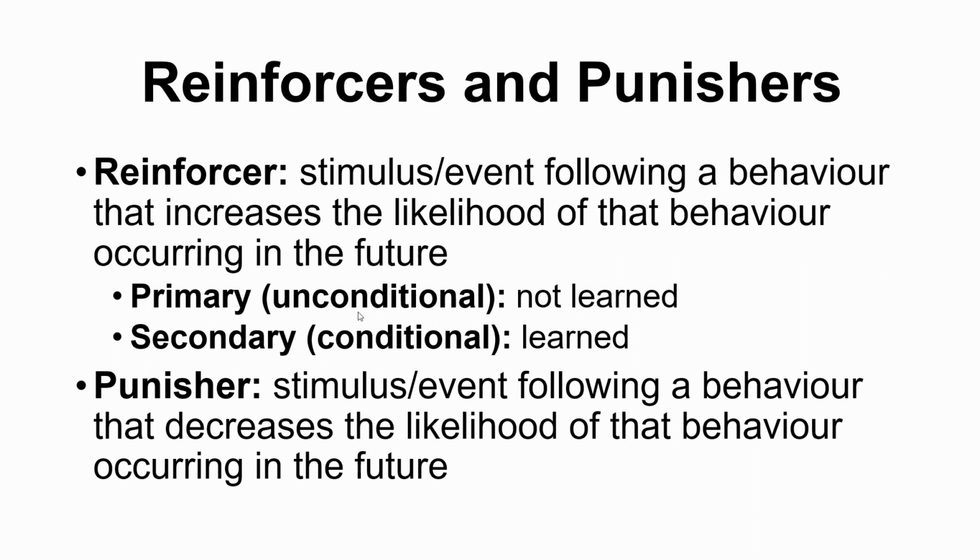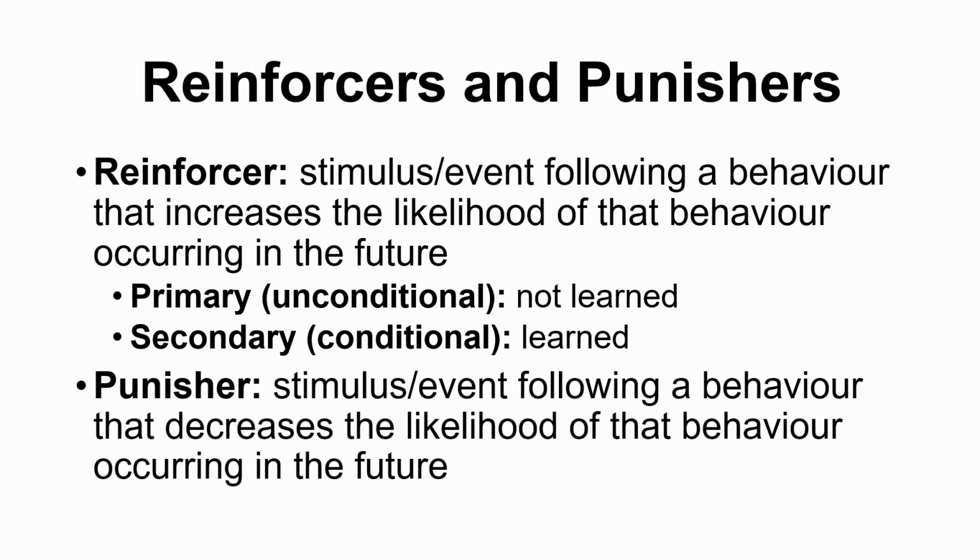Kind of like when we were talking about unconditional stimuli back in classical conditioning, food is something that you don't have to learn is rewarding. Food is good, so it would act as a primary reinforcer. But if there was something where you had to learn that it was good, money is a fantastic example of this. That would be a secondary or conditional reinforcer, because it's something that you had to learn the value of.